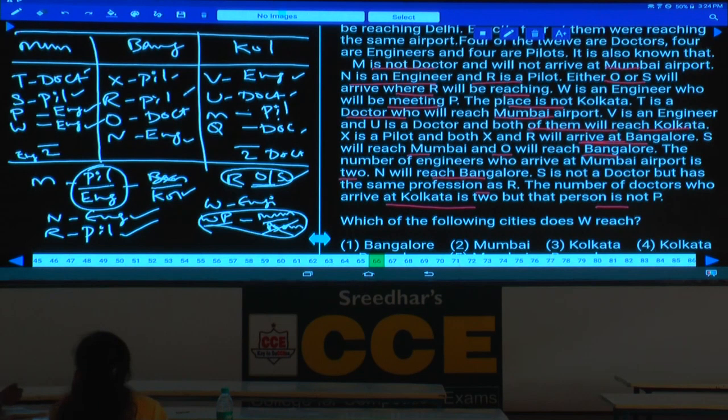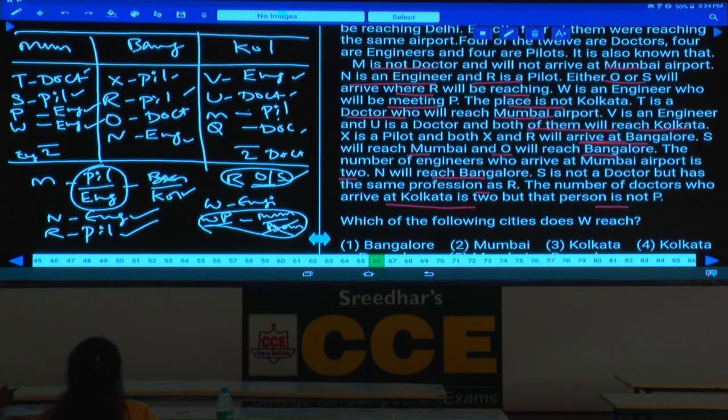And Bangalore, X, R, O and N. X pilot, R pilot, O is a doctor, and N is an engineer. And in Kolkata, V, U, M and Q are the 4 persons arriving at Kolkata airport, and out of which V is an engineer, U is a doctor, M is a pilot, and Q is a doctor.